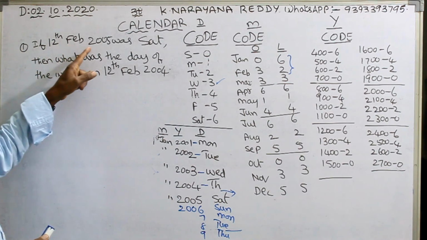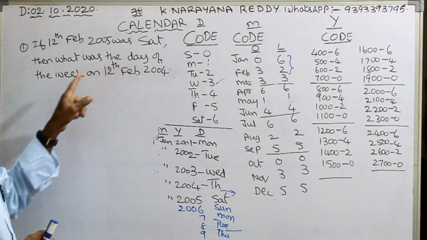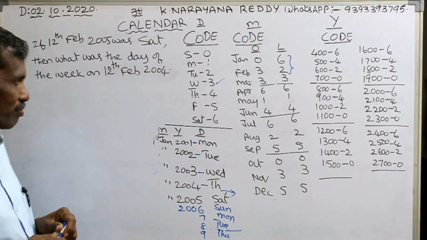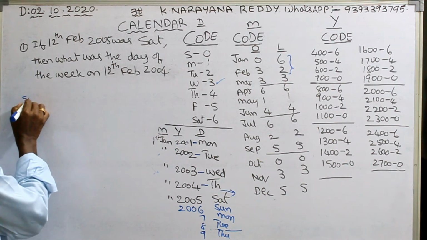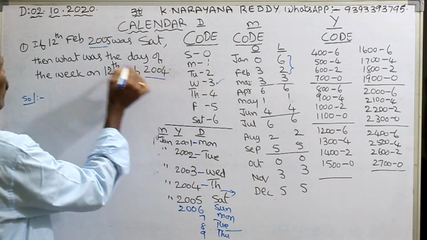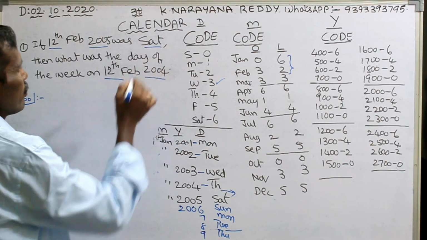If 12th February 2005 was Saturday, then what was the day of the week on 12th February 2004? Very, very important problem. See here, 2005, 2004, 12th Feb, 12th Feb, a Saturday.